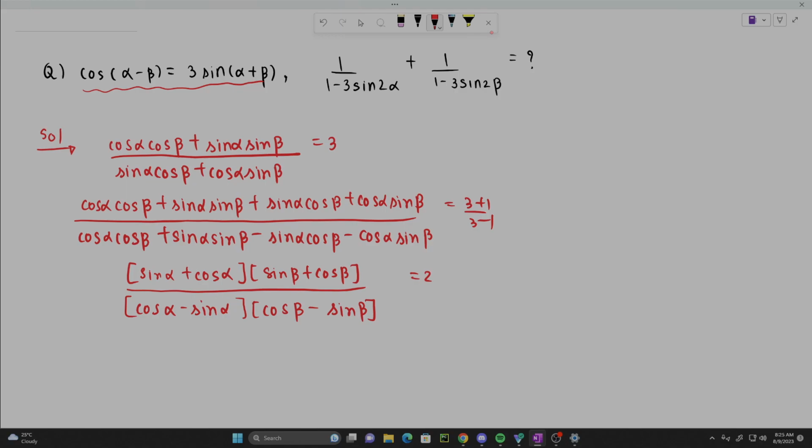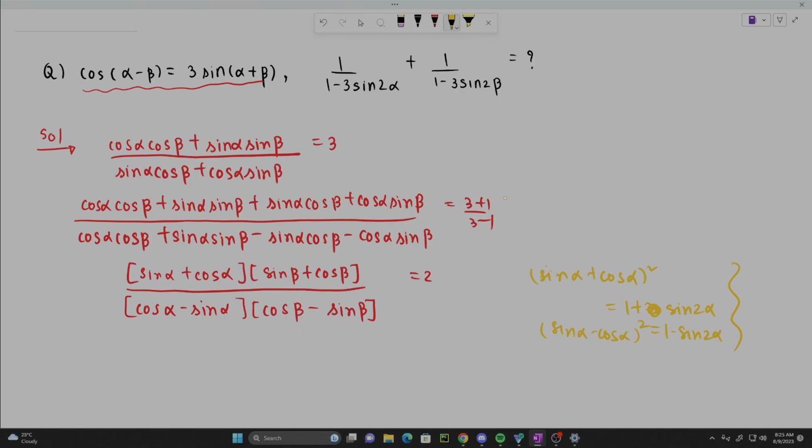So let's do it. So I'll just note down a little property here. Sine alpha plus cos alpha whole square is equal to 1 plus sine 2 alpha, and the same way sine alpha minus cos alpha whole square is equal to 1 minus sine 2 alpha, right?